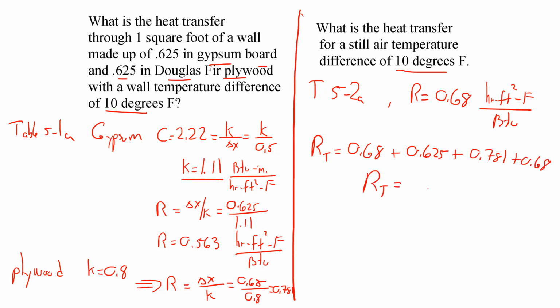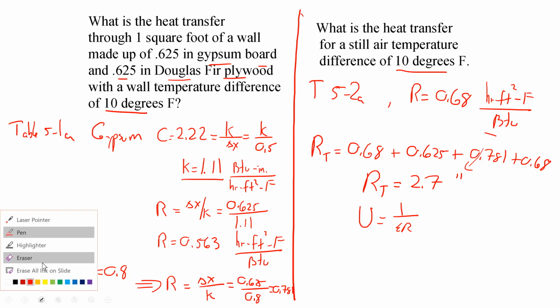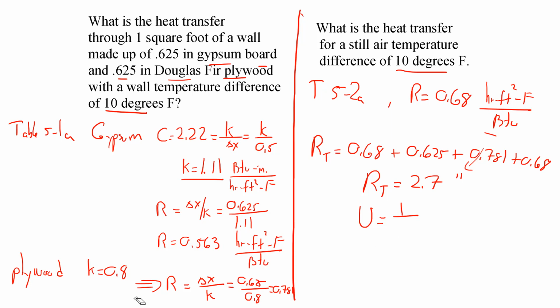So now we get a total resistance of 2.7, and again, that's hour foot squared Fahrenheit per BTU. Our overall heat transfer coefficient is going to be 1 over the sum of all that resistance, so it's 1 over the total resistance.